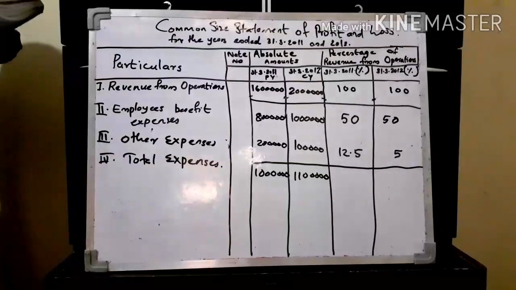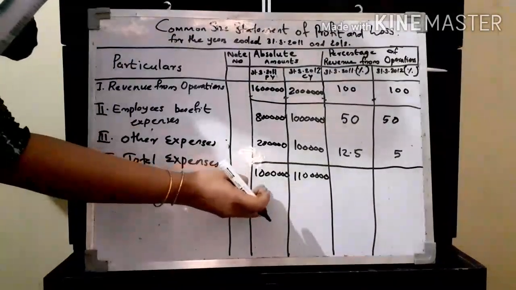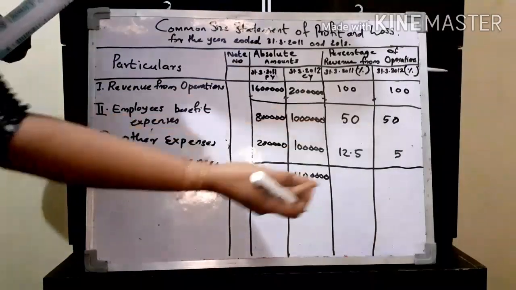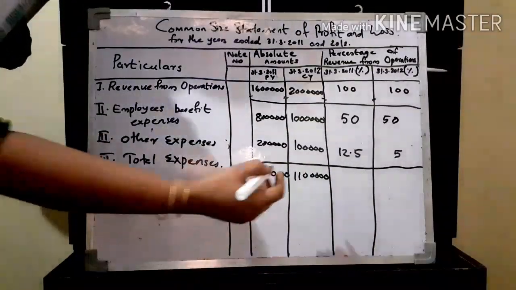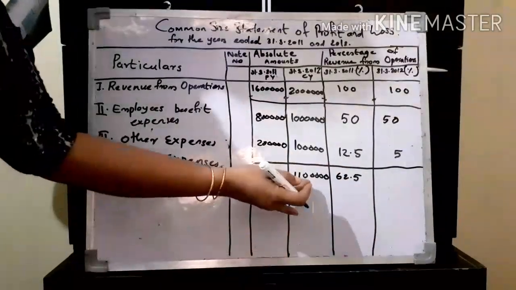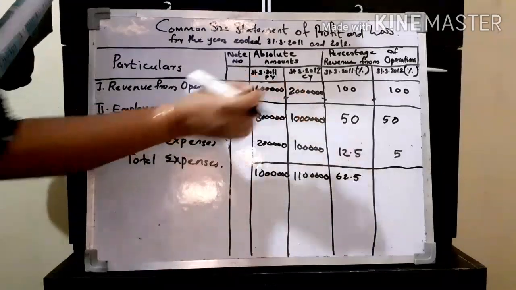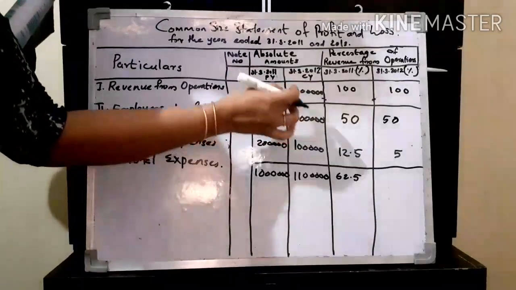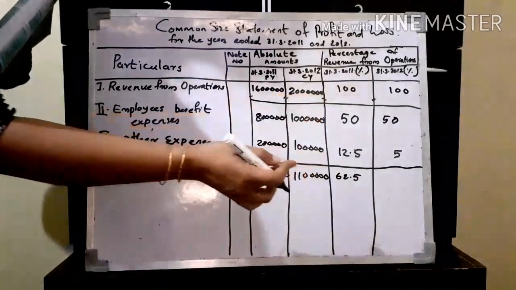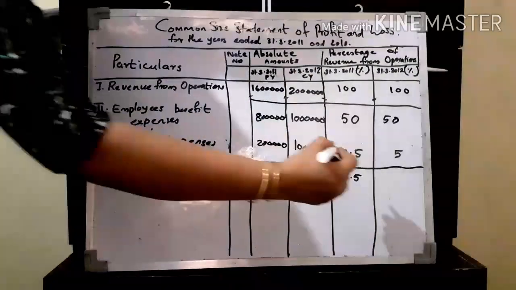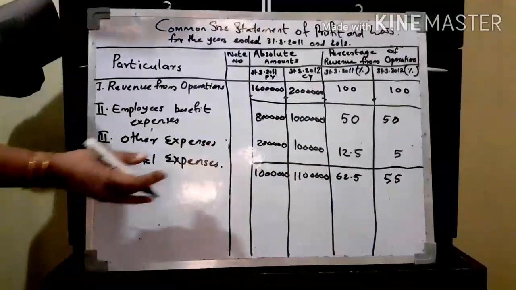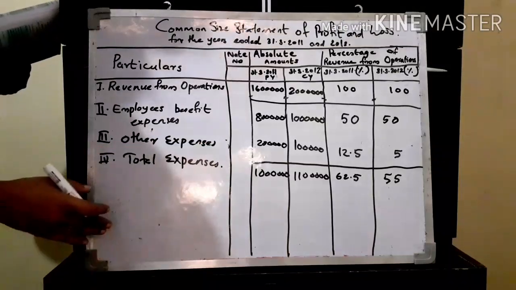The percentage is calculated the same way: 10 lakhs divided by 16 lakhs into 100, that is 62.5. And 11 lakhs divided by 20 lakhs, the revenue from operations, into 100, that is 55%.